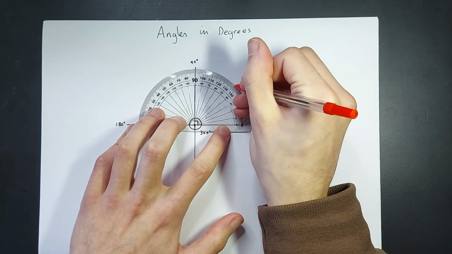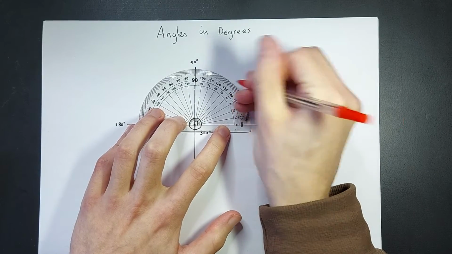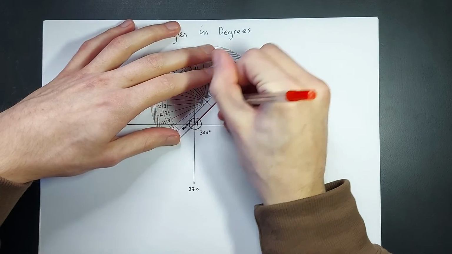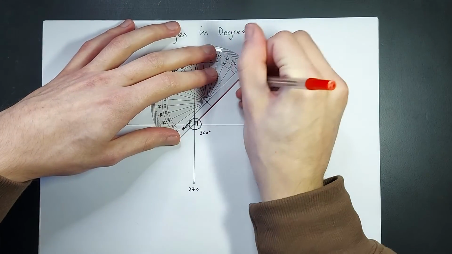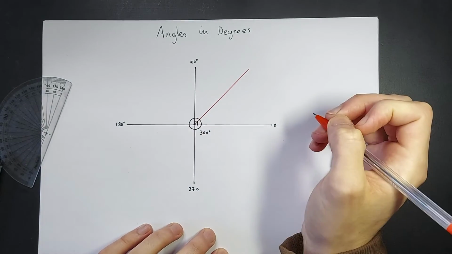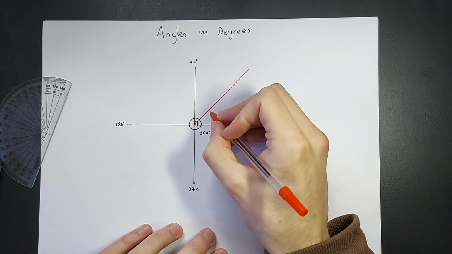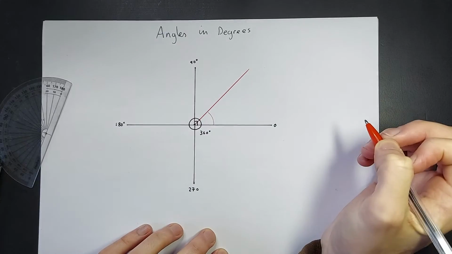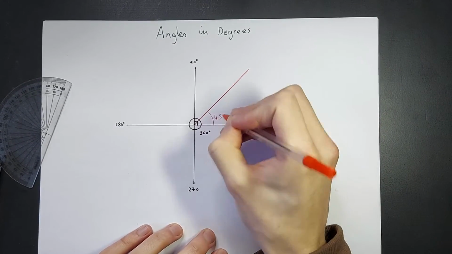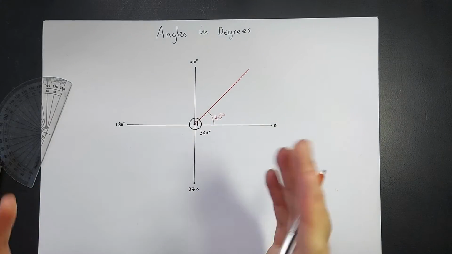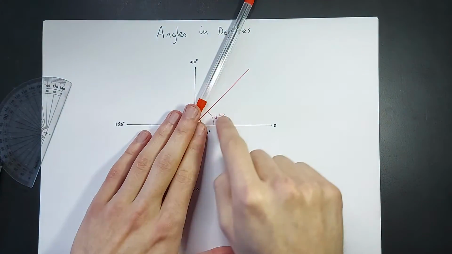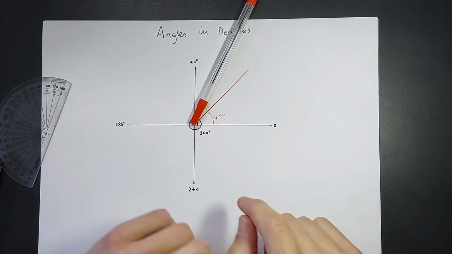It's going to be there. So let's add that line on as best as I can. And this here, halfway between 90 and 0, is going to be 45 degrees. Okay, so now I can narrow it down. If I've got an angle and it fits in here, I know my guess should be somewhere between 45 and 90 degrees.